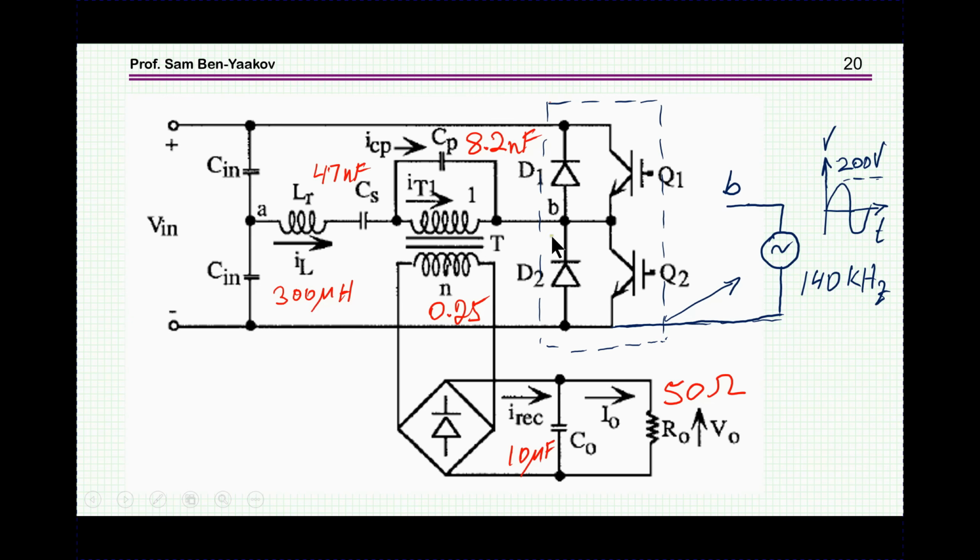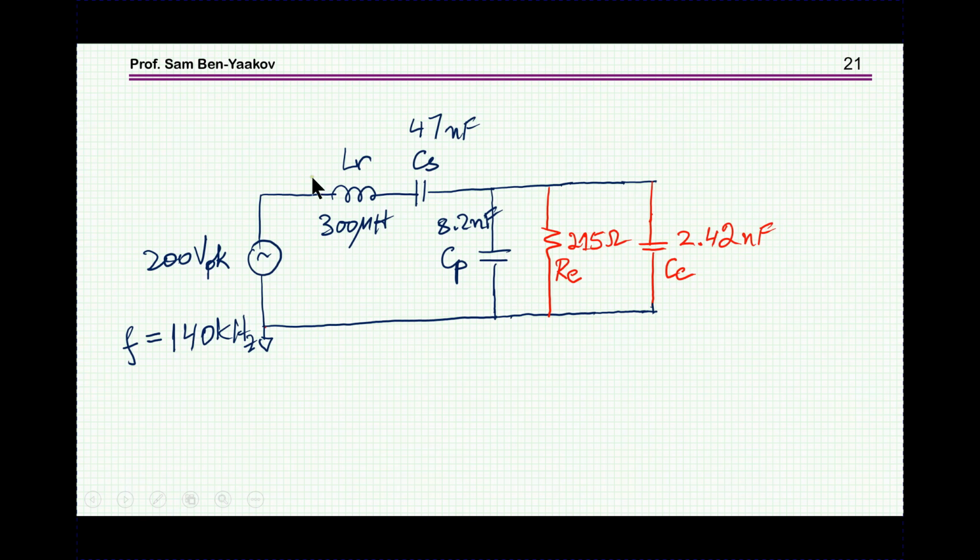This is just to mimic the first harmonic approximation. I could have used the square wave, but to simplify matters, I've used a sinusoidal waveform, more in line with the circuit that I have here.